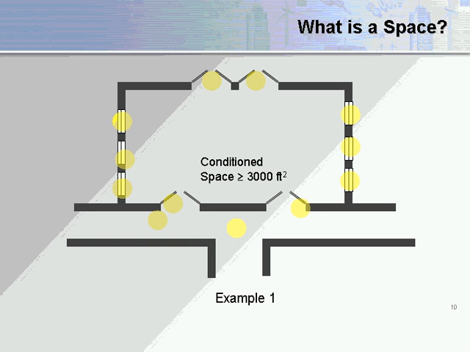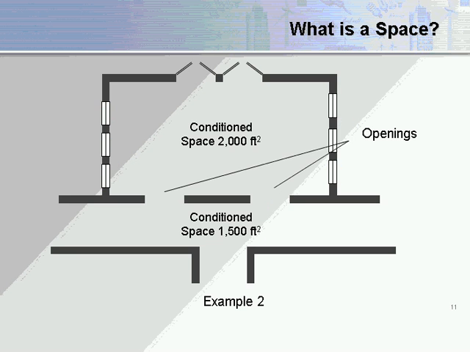But now let's take a very common example. What happens if we have a space that actually communicates with another space? So our conditioned space here, here's our exterior doors here and here. We have the exterior out here. We have an interior conditioned space right here. This area is only 2,000 square feet. But the conditioned space in the hallway is 1,500 square feet.